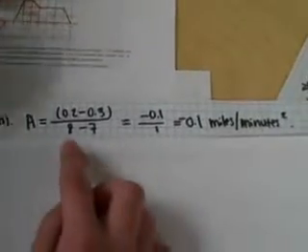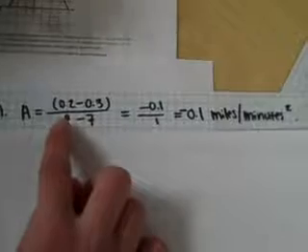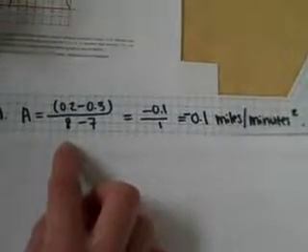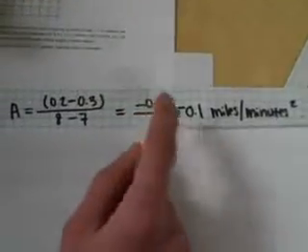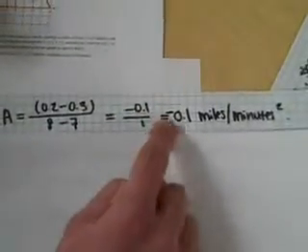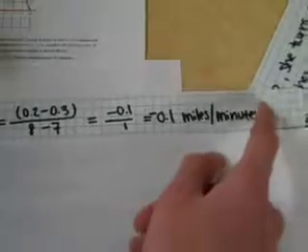That's the acceleration, so it's the derivative. We have to do the slope on the graph, which is right here: (0.2 minus 0.3) divided by (8 minus 7), which is negative 0.1 divided by 1, which is negative 0.1 miles per minute squared. That's the acceleration of Karen.